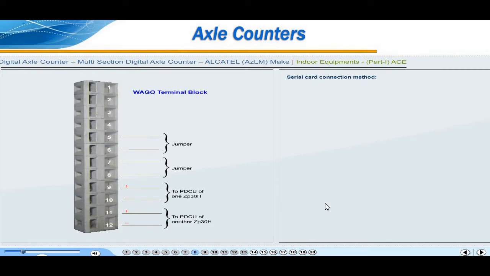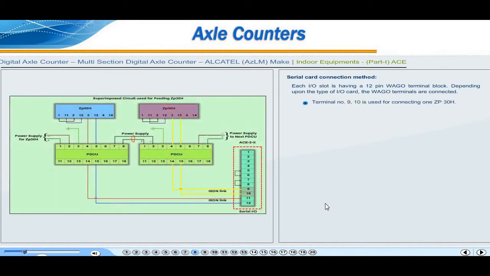Serial card connection method. Each input-output slot has a 12-pin WAGO terminal block. Depending upon the type of input-output card, the WAGO terminals are connected. Terminal number 9, 10 is used for connecting one EZP30H.